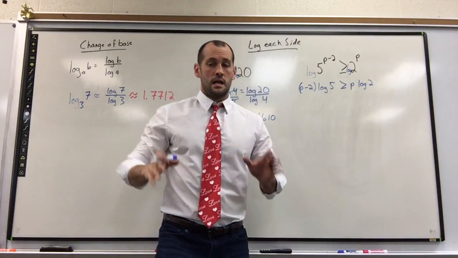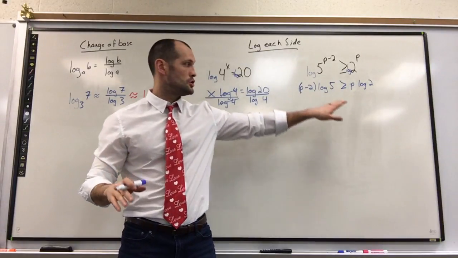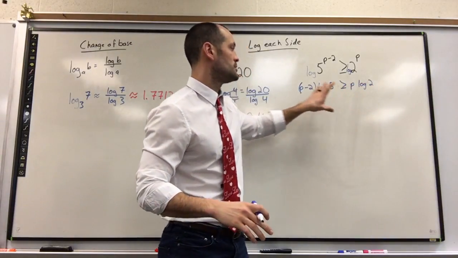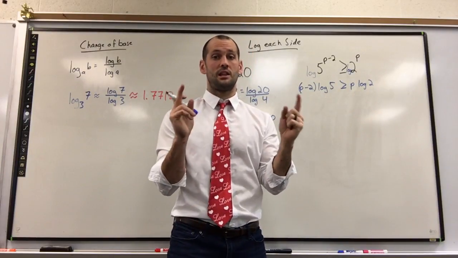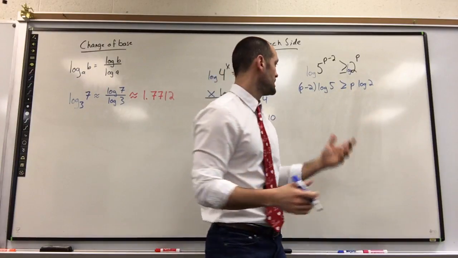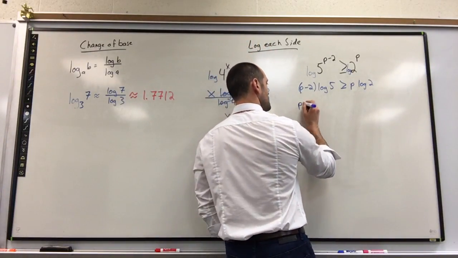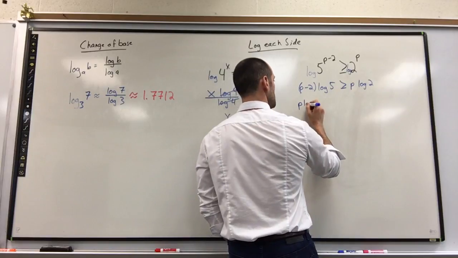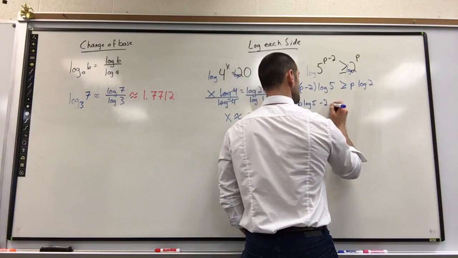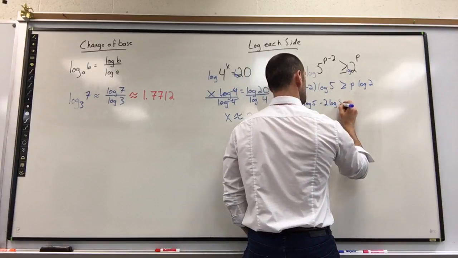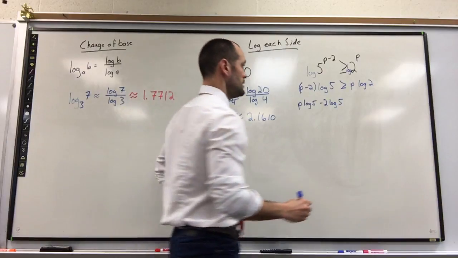Okay, this is where I'm going to take a more algebraic approach. Keep in mind, you could take the actual decimal representation of log 5 and log 2 and start solving with fat long decimals. But here's what I'm going to recommend us doing. I'm going to make this p log 5 minus 2 log 5. Everybody say I just distributed the log 5, right?